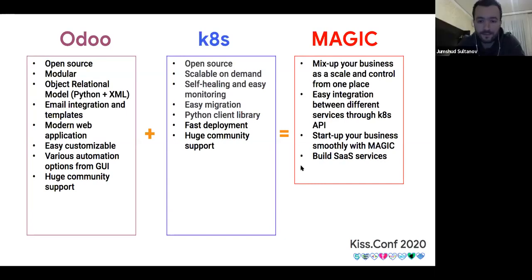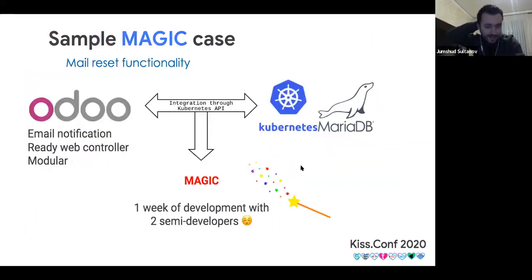Okay, so now let's see an example of how this magic happens. As Nurlan mentioned, we have been providing an email service for some of our friend companies, and they've been using it for almost a year now. But until about 2 weeks ago, there wasn't any email reset functionality.